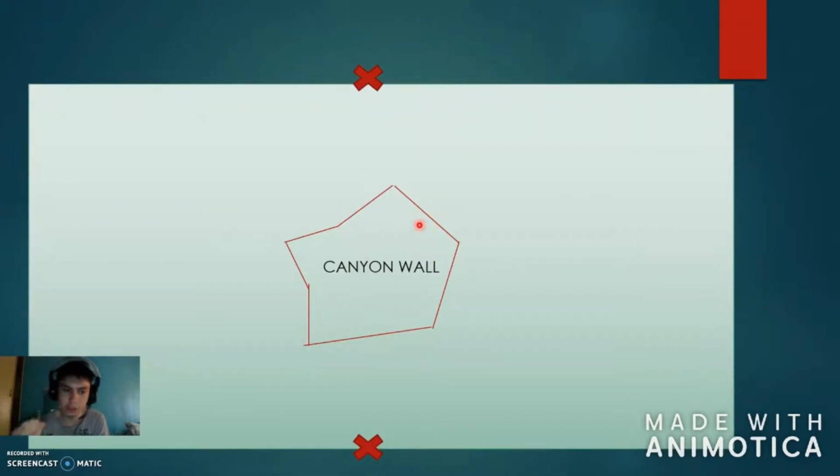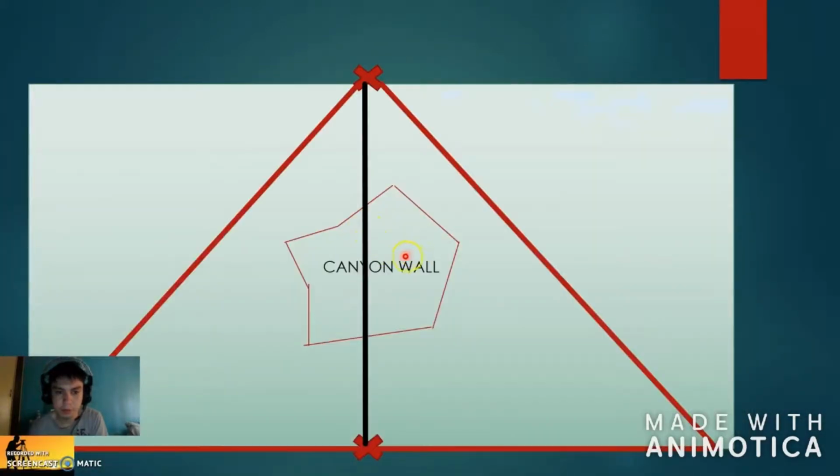This is the best representation that I can give to you. Suppose this is a canyon wall and you are standing over here and you want to measure the distance over there. You cannot measure it directly because there is a canyon wall. So this is how you do it.